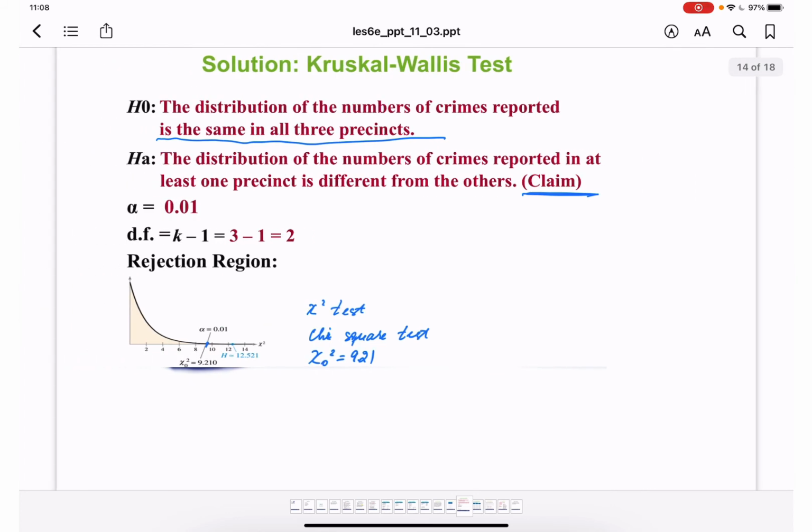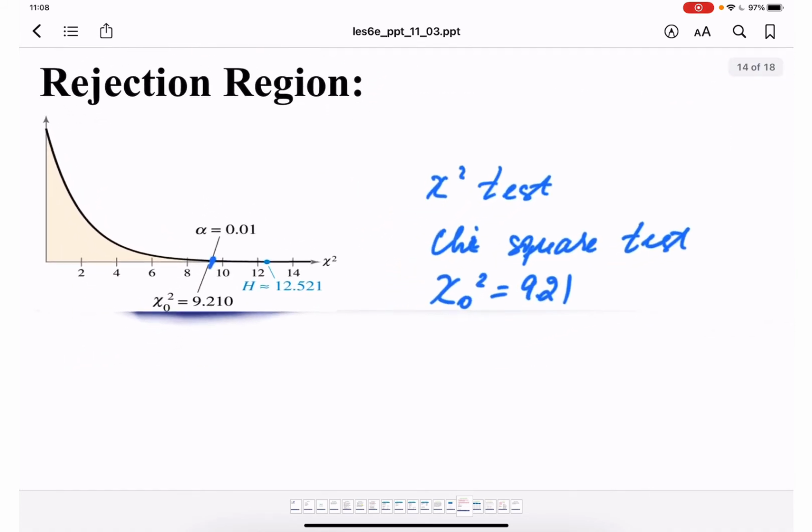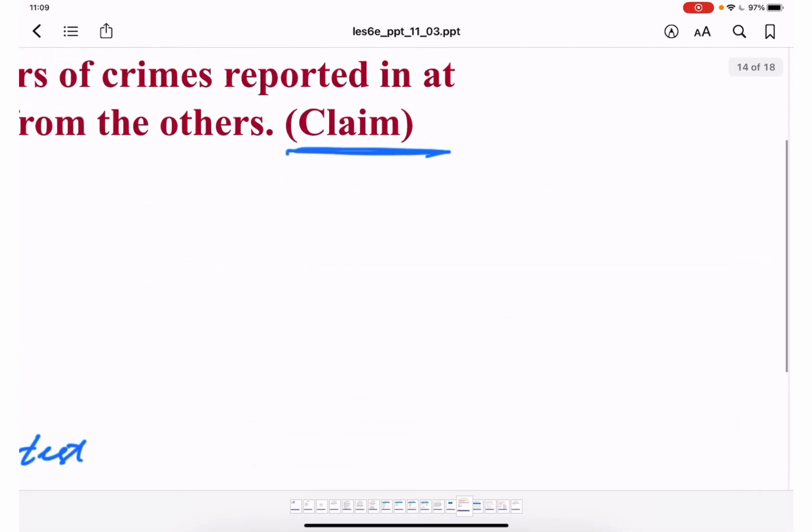And the rejection region has critical value 9.210. So the test statistic is falling in the rejection area. Therefore, we decide to reject the null hypothesis.